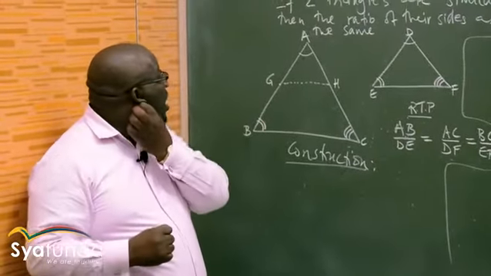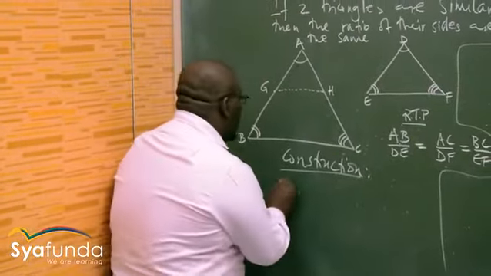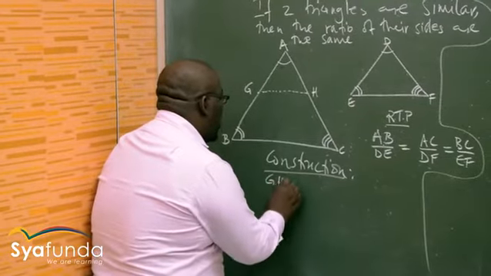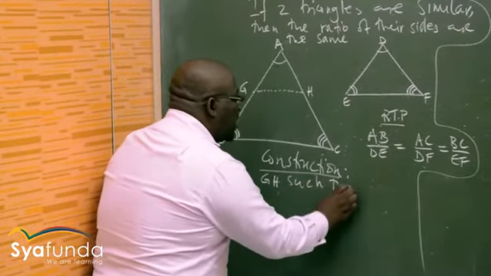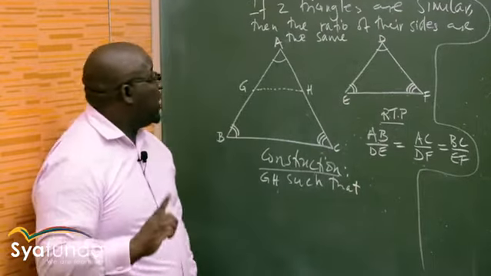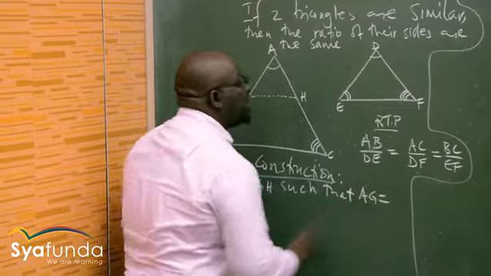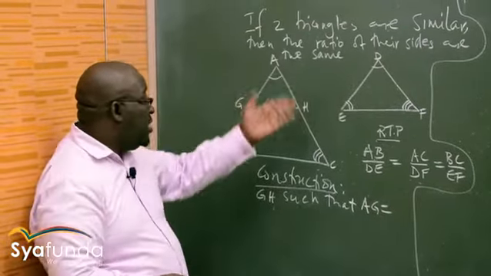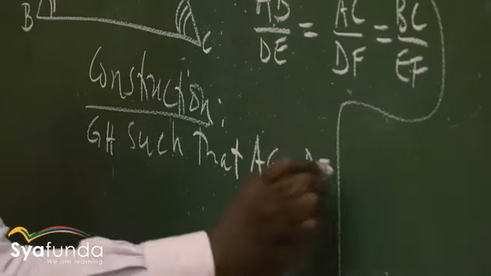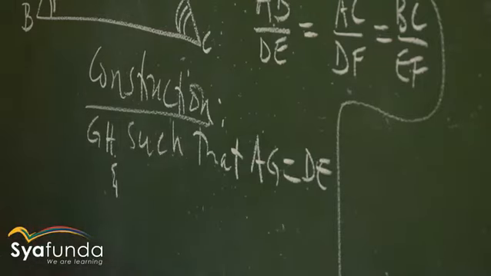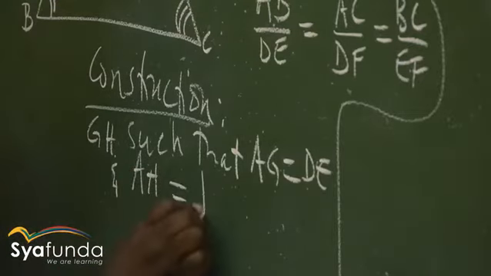So construct GH such that, that is important, AG becomes equal to DE as well as AH, let's make it equal to DF.